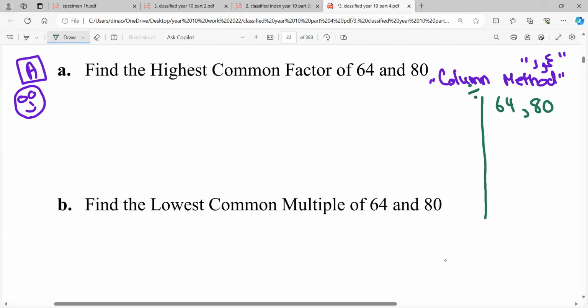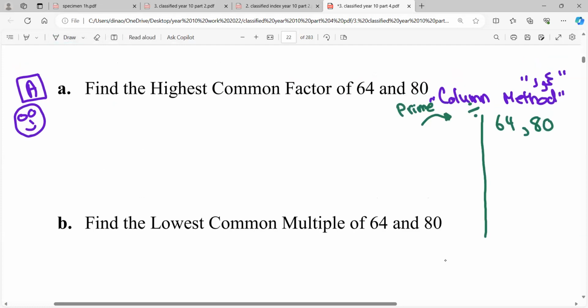On the left-hand side of my column, I only write prime numbers. Let's remember what prime numbers are: numbers that have two different factors, one and the number itself.